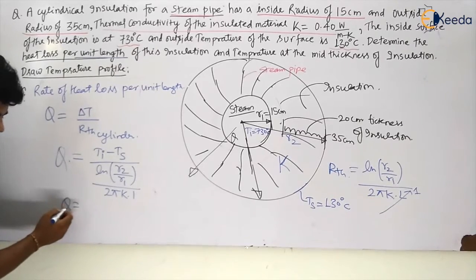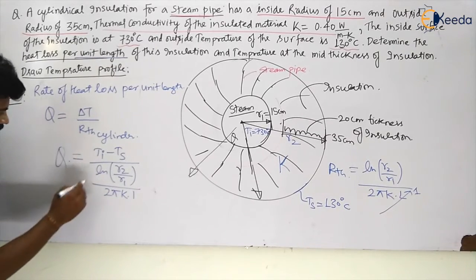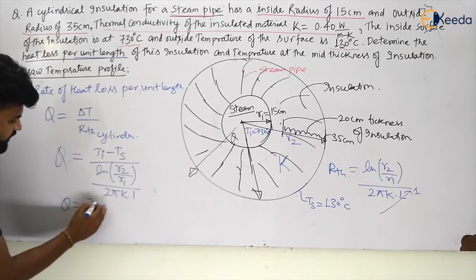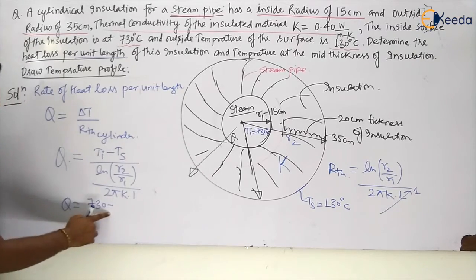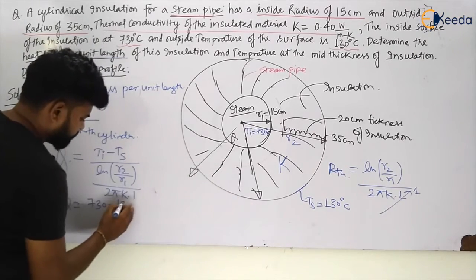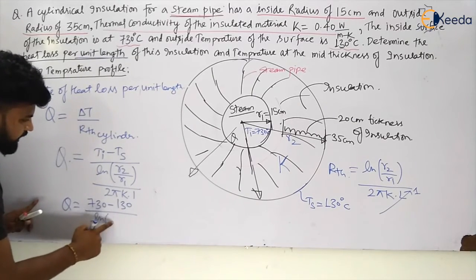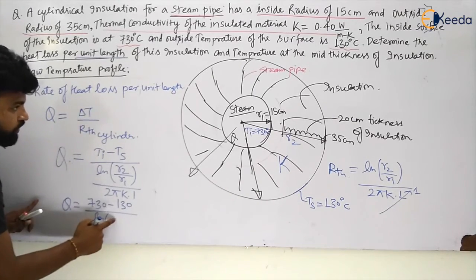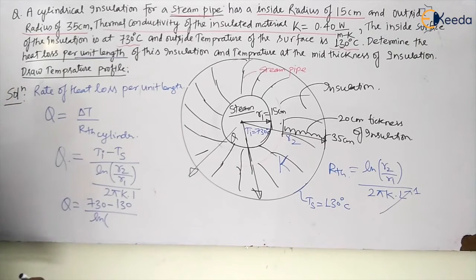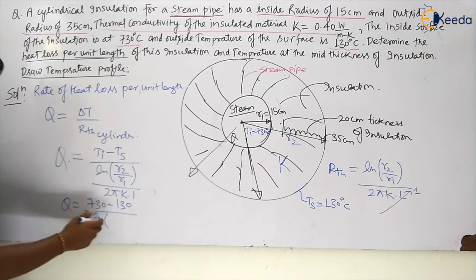So heat transfer will be given by Ti minus Ts, that is 730 minus Ts, which is 130, divided by ln R2 by R1. R2 is given to be 35 centimeter, and R1 is 15 centimeter.